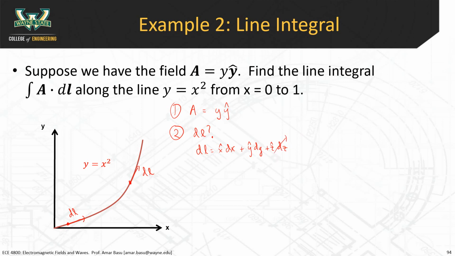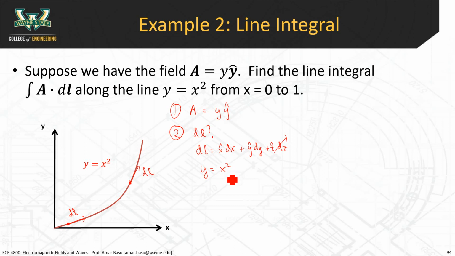So our dl is x hat dx plus y hat dy. Now we have to look specifically along this line y equals x squared. We have to take this information into account. So let's write this down: y is equal to x squared.